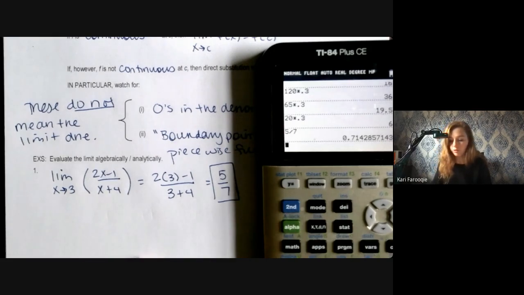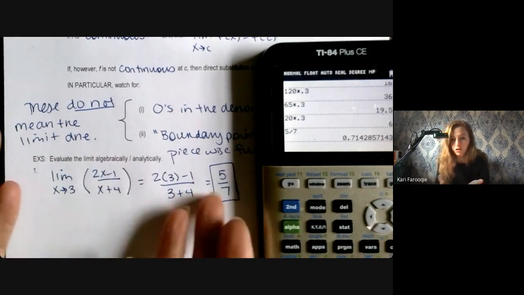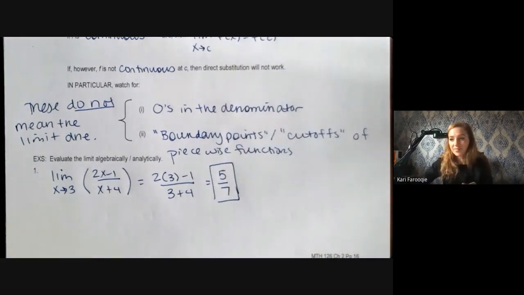So this is a great example of how you can evaluate a limit 3 different ways. You could even go to the table and verify that it's approaching that value, but you don't need to because we can evaluate the limit directly. So we looked at it numerically, graphically, and algebraically. Come on, it doesn't get any better than that, you guys.